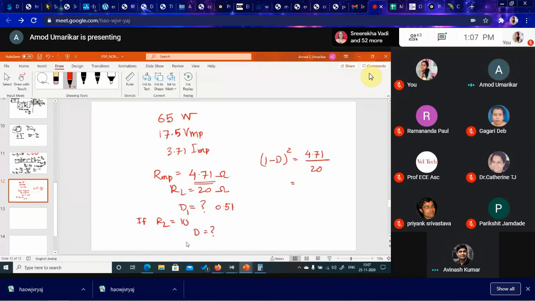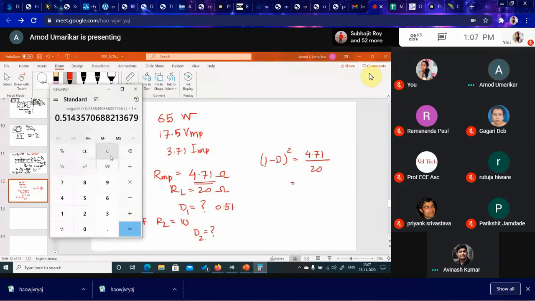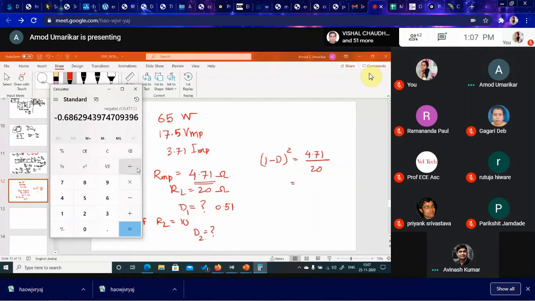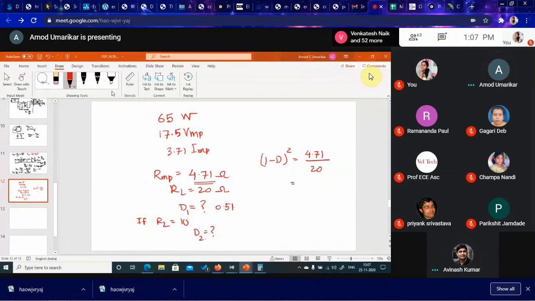D1 is 0.5, and D2 we again have to calculate. So (1 - D)^2 = 4.71 upon 10, square root, and then D = 1 minus that, which comes to around 0.3. Let's check whether this is working.